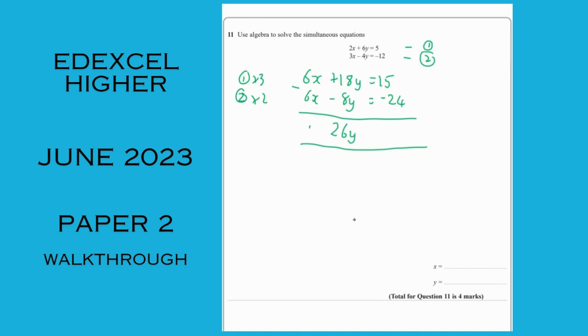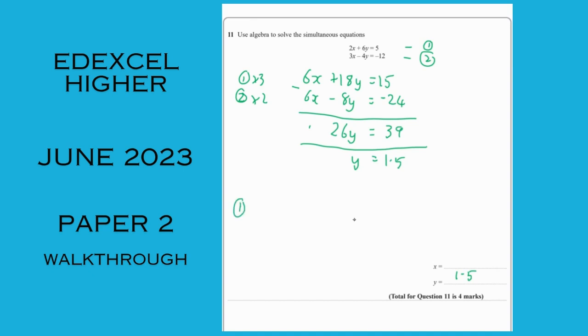So 15 plus 24 is 39. Use your calc. 39 divided by 26. 1.5.